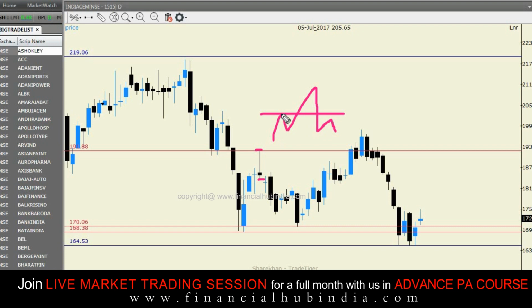Try to understand why this shoulder forms, why this head forms, why this shoulder forms. Because if you just learn this pattern with a particular shape, it won't come in front of you with a particular shape all the time. It will have 10 different faces, but you won't be able to recognize that face and trade those patterns since you didn't understand the logic behind it: how it forms, why it forms, where it should form, what is the significance of those formations, what the chart patterns or the candle patterns are trying to communicate to me, you know.